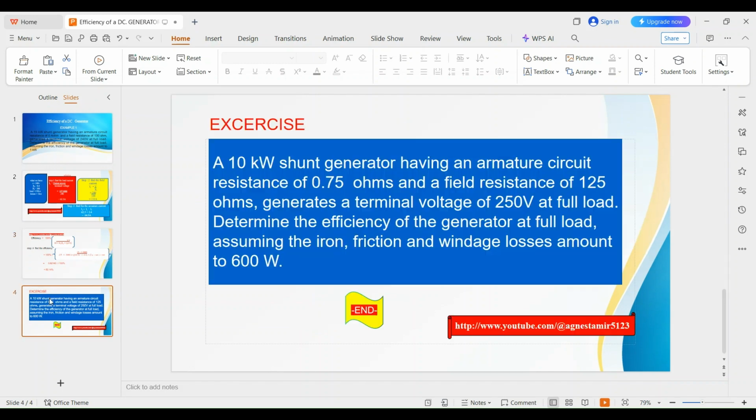We have an exercise for you here to practice. It says a 10 kilowatt shunt generator having an armature circuit resistance of 0.7 ohms and a field resistance of 125 ohms generates a terminal voltage of 250 volts at full load.